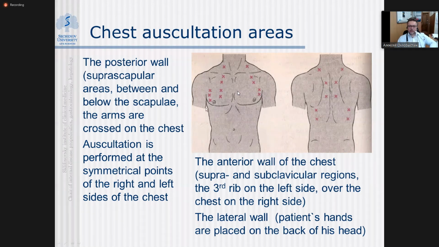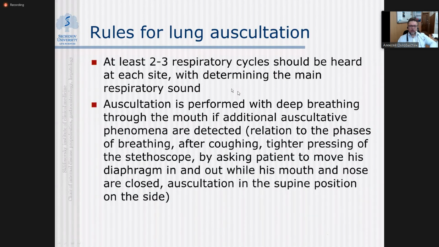We assess lateral areas by the medial axillary lines, and at the back we auscultate in the apices, suprascapular areas, interscapular areas, and subscapular areas. Again, roughly speaking, it will be almost the same sites as for comparative percussion.